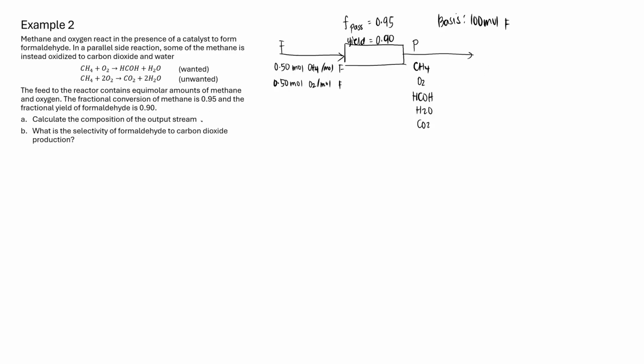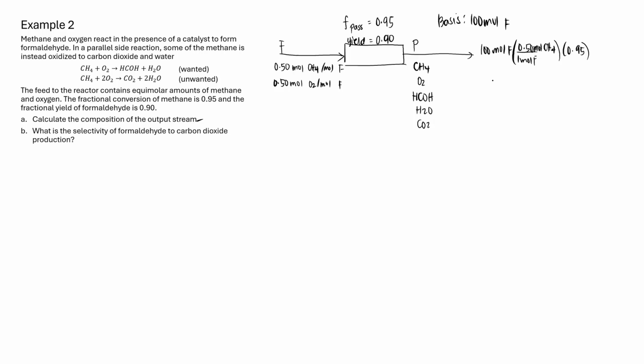Since one of the requirements is the composition of the output stream, here's how we'll use it. 100 moles of F, and per mole of F there's 50% methane, and only 95% reacted.